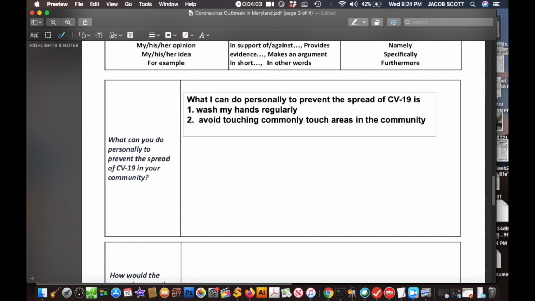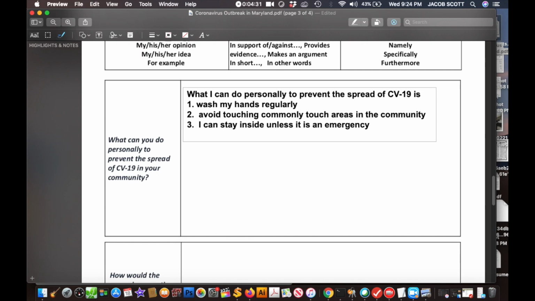Three, stay inside unless it is an emergency. Just stay inside. Watch some TV, read a book, do some IXL, play with my kids. Fourth thing that I can do is something that I've been doing.